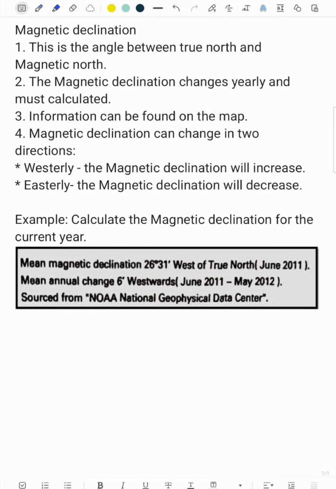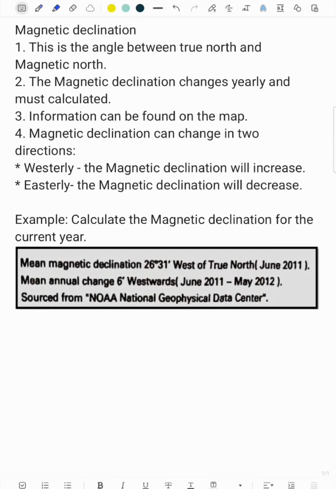Then let's consider the following example when it comes to calculating magnetic declination. Let's say we are given the following information. The question says, calculate the magnetic declination for the current year. Remember, I said the information that you can use to calculate magnetic declination, you will get it on the map.